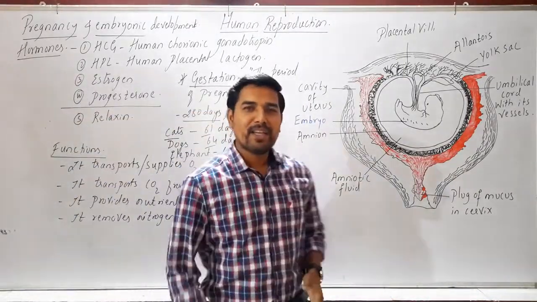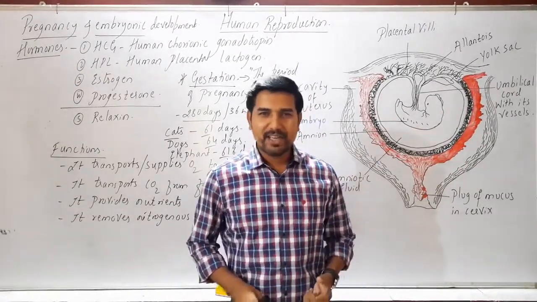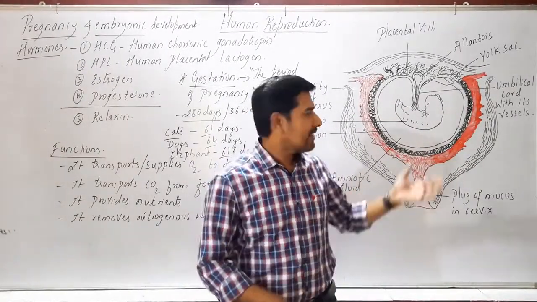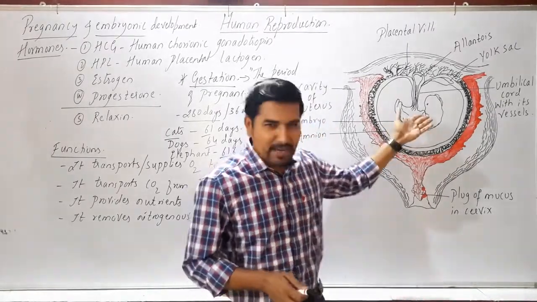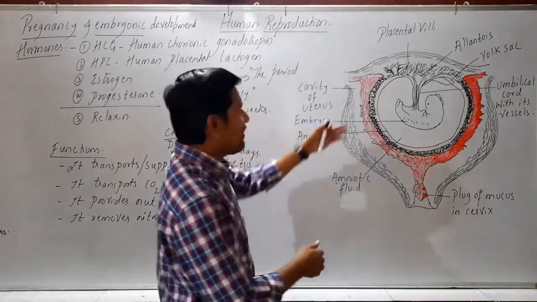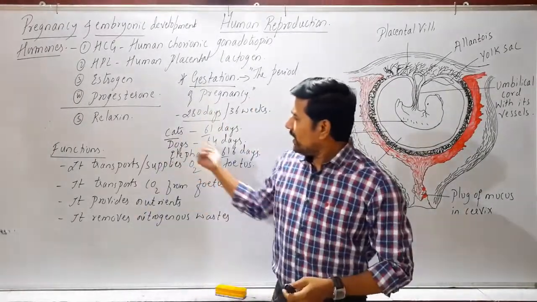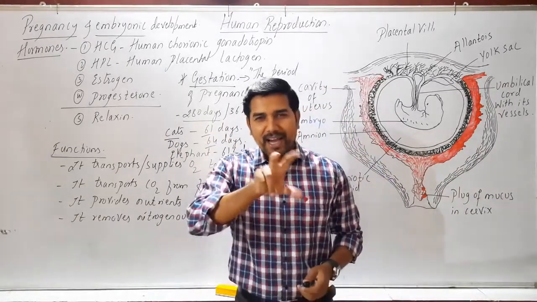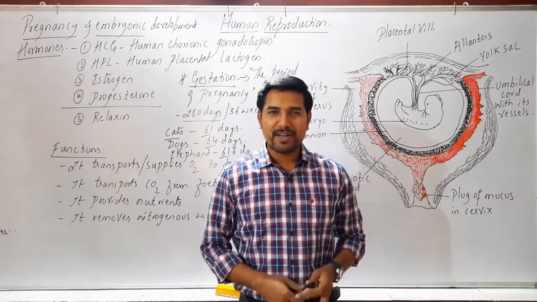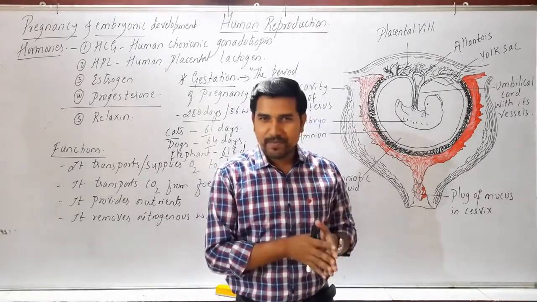Now, apart from this, during embryogenesis, what are the changes that will occur in the female reproductive system? First we will see this, then we'll come to the diagrammatic representation of all these things. As far as the gestation period and the embryonic stage are concerned, we know the first embryonic stage is the blastocyst.